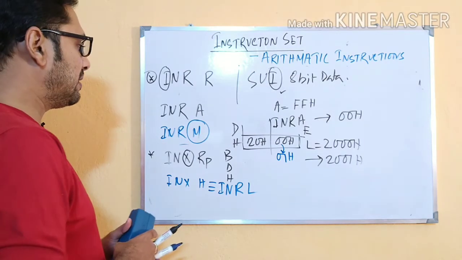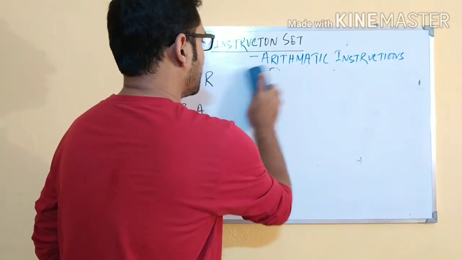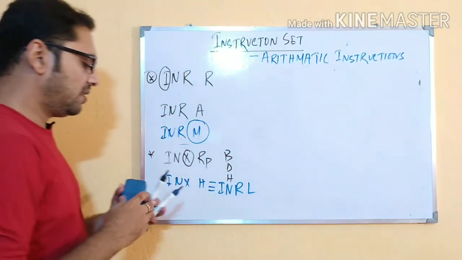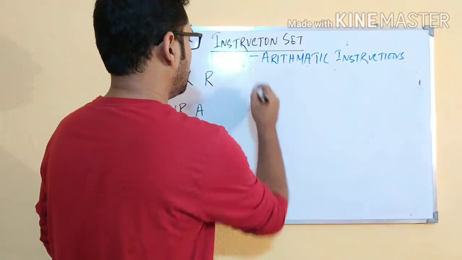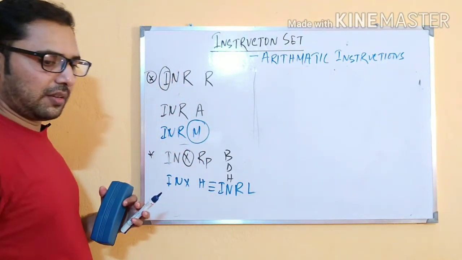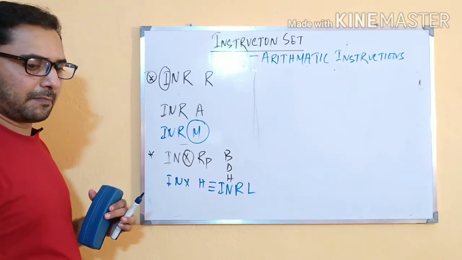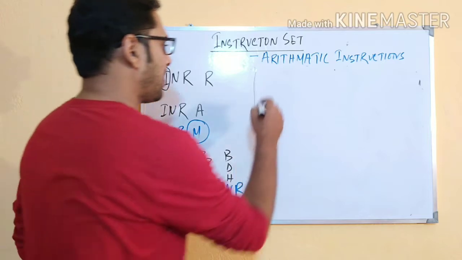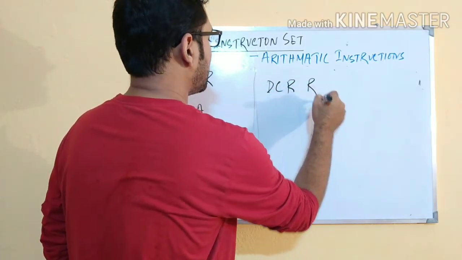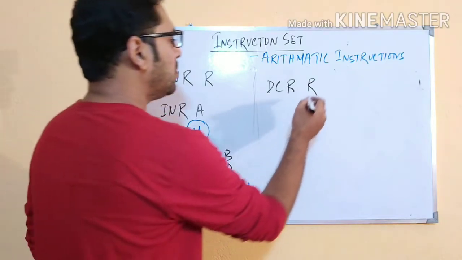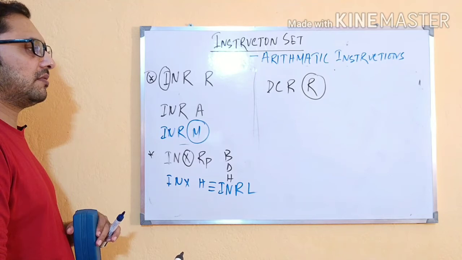Now the next one is decrement operation. That is the last topic of today's discussion. So this is increment, and the decrement one is DCR R. It means we want to decrease the value of this register R by 1.